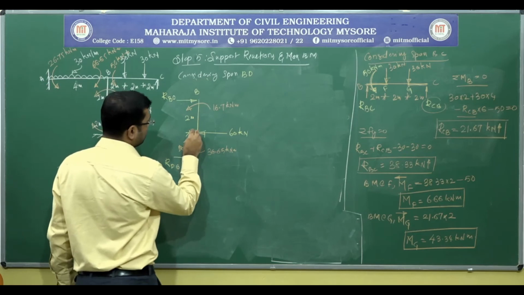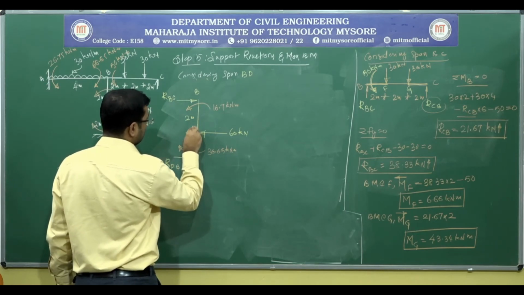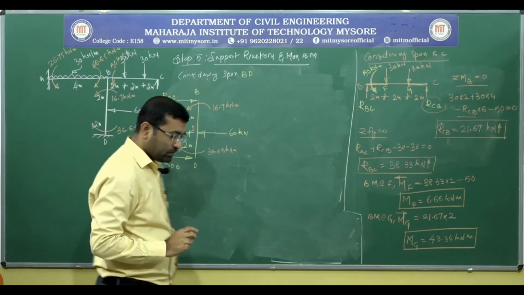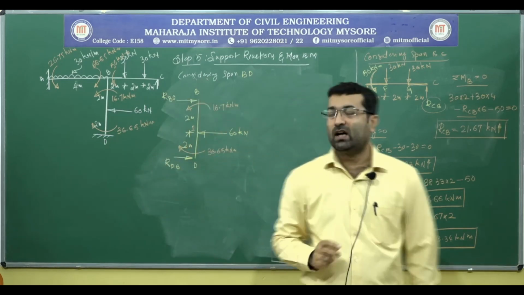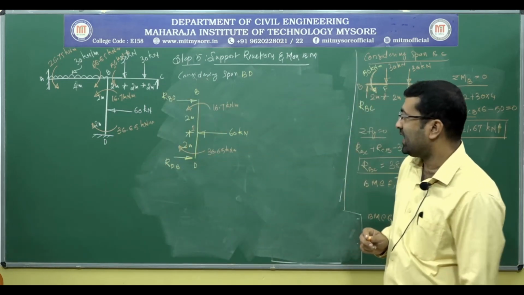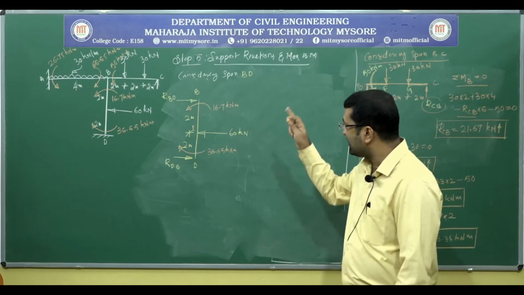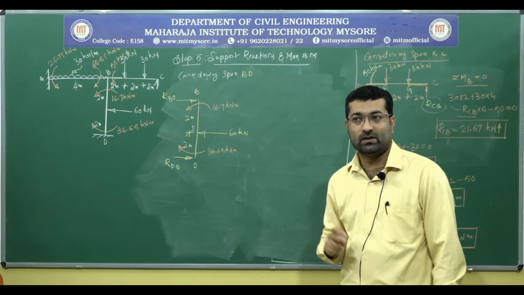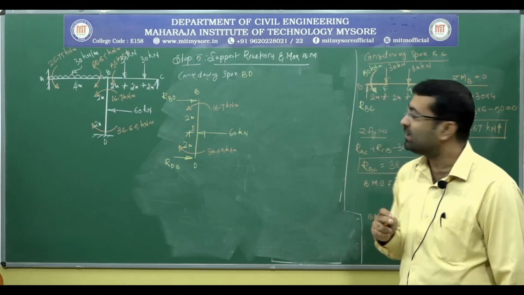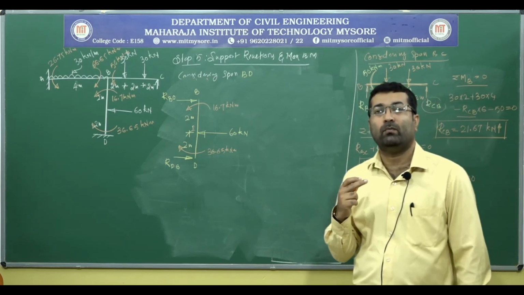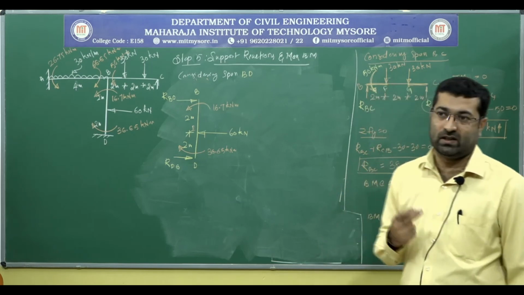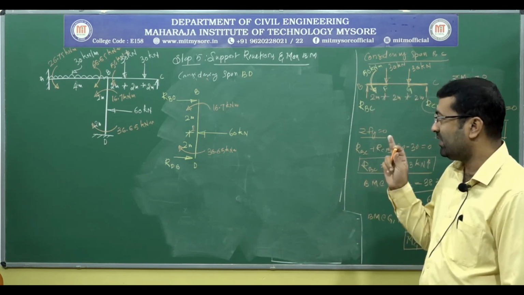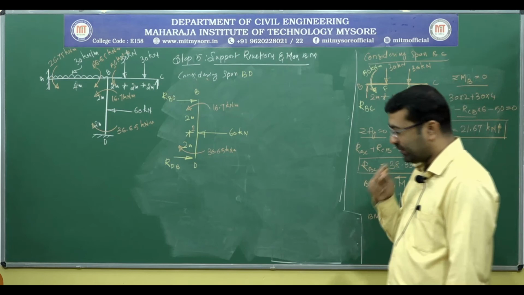Let me consider this point as I. So we need to determine the support reactions RBD and RDB, and as on the member BD we have a concentrated load of 60 kilonewton, exactly at the concentrated load the bending moment will be maximum and it is positive. We need to determine the bending moment at point I.